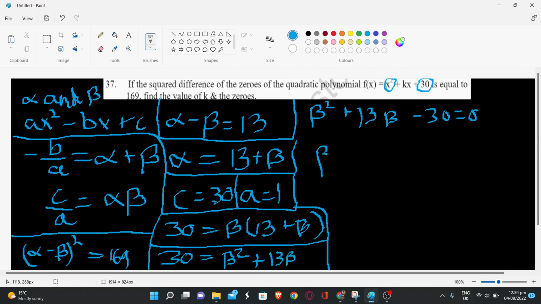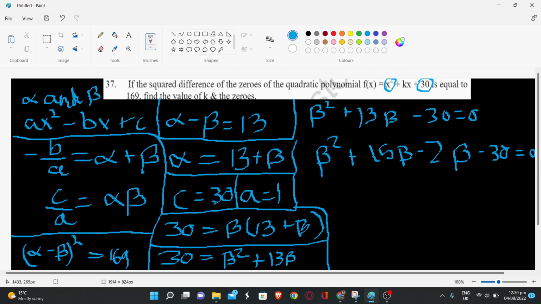if I were to split this like beta squared plus 15 beta minus 2 beta minus 30 equal to 0, I have an equation here.